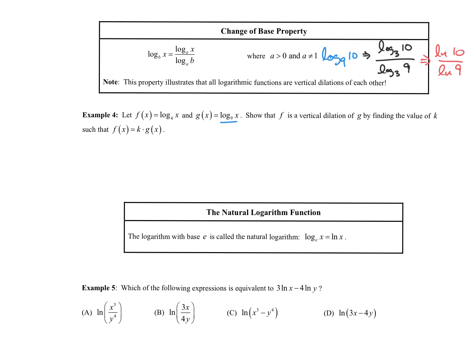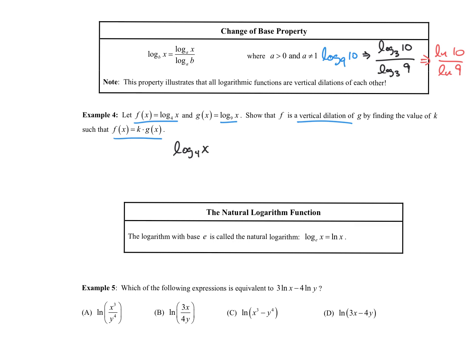Such that f of x equals k times g of x. All right, fantastic. Let's write this out. f of x is equal to k times g of x. f of x was given to me as log base 4 of x. That was f.